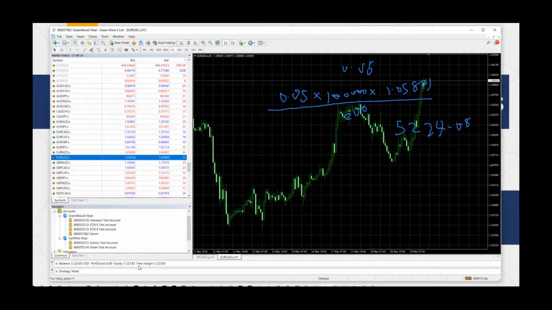So if I do 5 lots, that's going to be like $1,000 as margin. That's like 20% of my account gone for just one trade as margin. So that's how margin works, so that when you see all those things, you understand what they are.